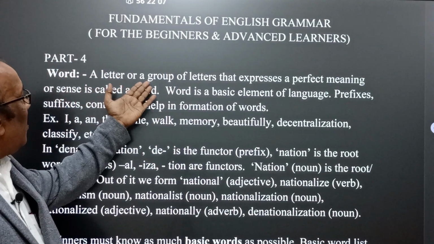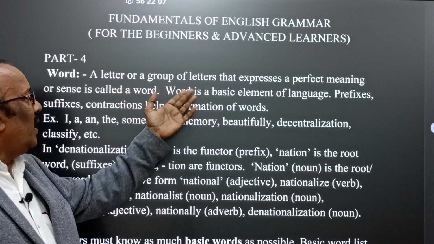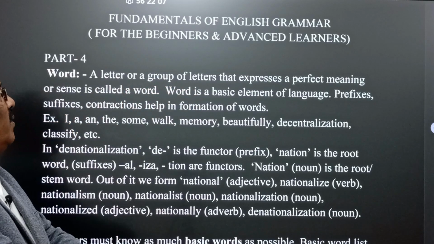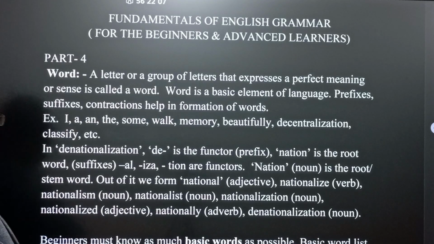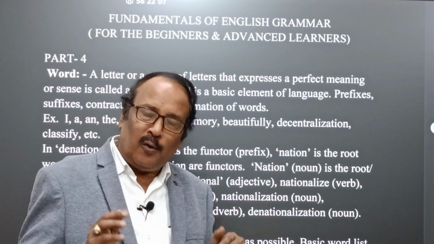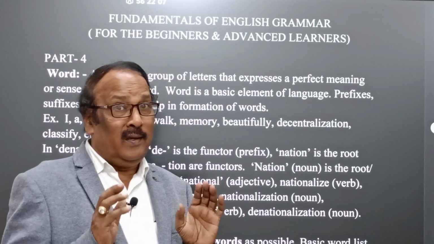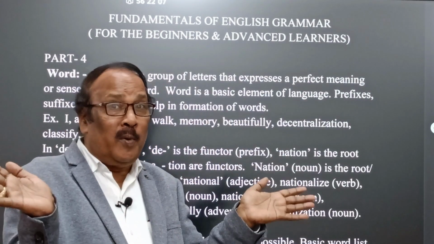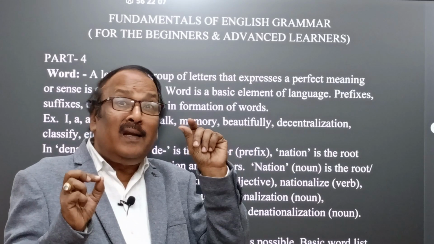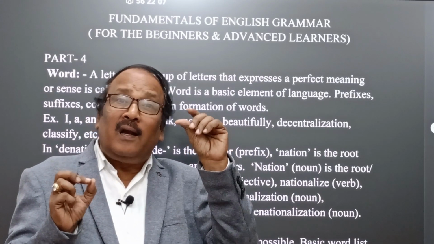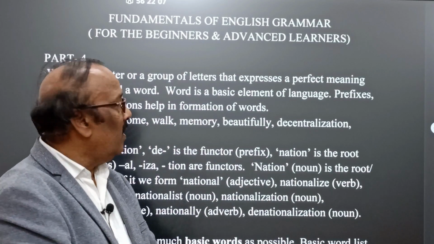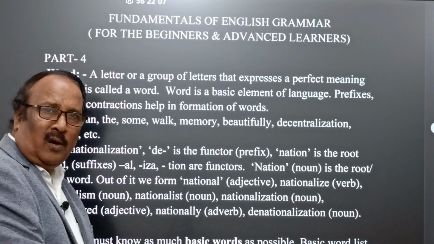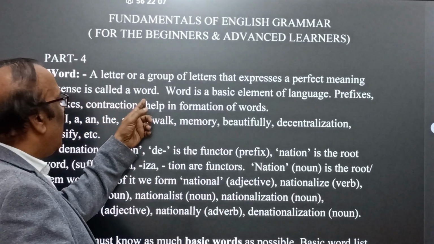And here we find the matter, what is word? A letter or a group of letters that expresses a perfect meaning or sense is called a word. Try to think: a letter or a group of letters expressing a common sense, a perfect meaning or sense is called a word.